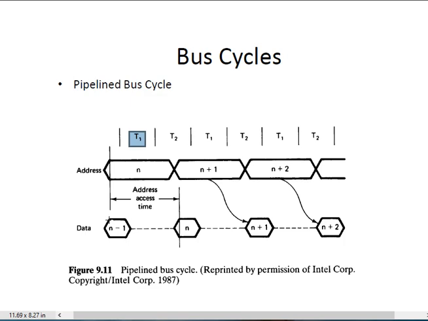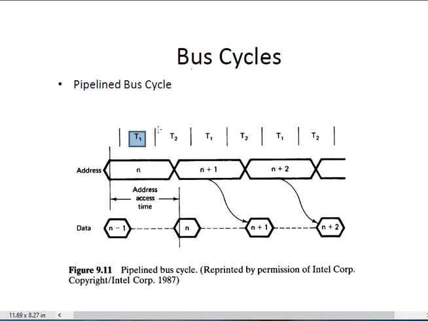So that data for the previous operation will be provided at the T1 clock pulse. So here overlapping of operation is done: when the address of the next or current operation is present on the address bus, the data of the last operation is present on the data bus.